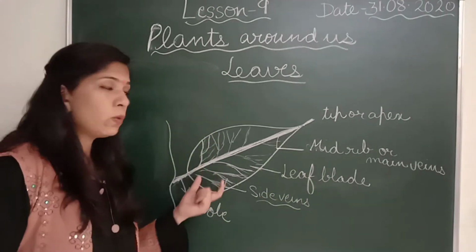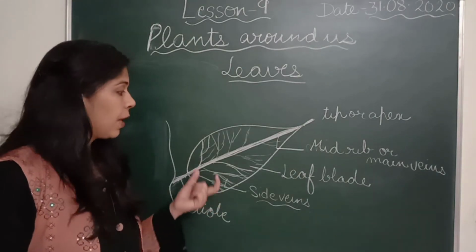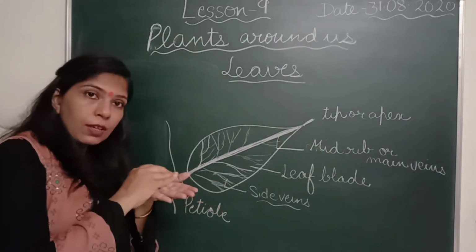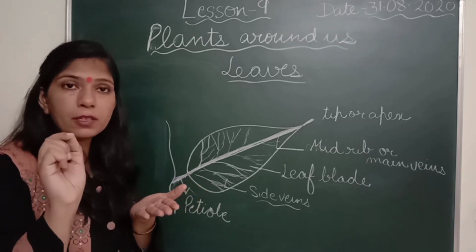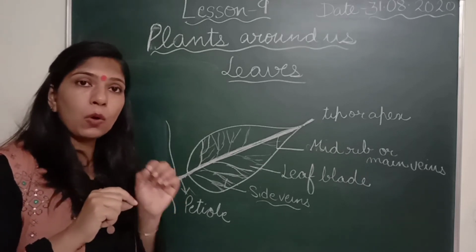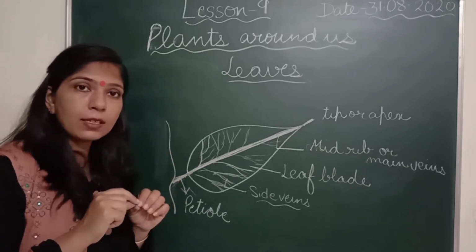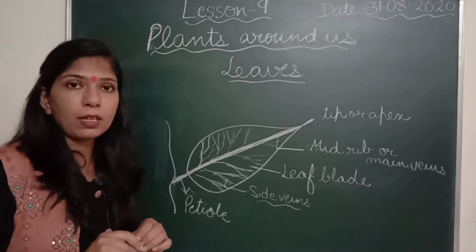Now these veins carry food and water. On the surface of the leaf there are many tiny holes. What do we call them? Holes, or we can say openings. These are stomata.